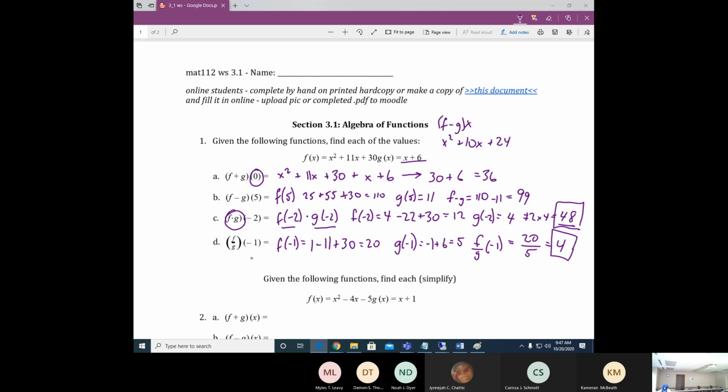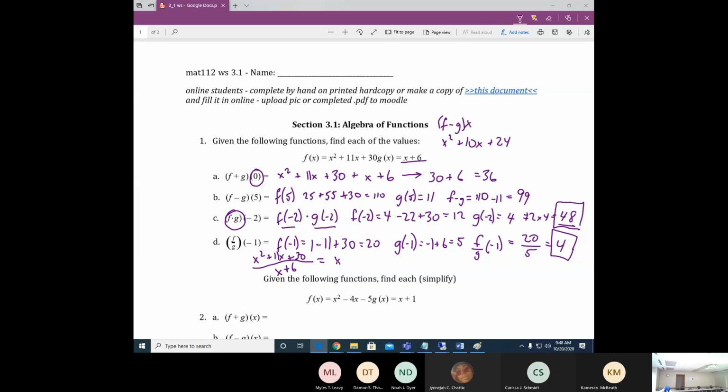You could say f divided by g is x squared plus 11x plus 30 divided by x plus 6. Don't worry about needing to simplify that unless they really want you to. I can tell that 5 and 6 added together give me 11, and 5 and 6 multiplied give me 30.